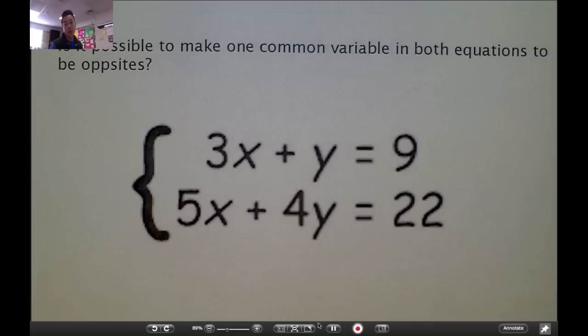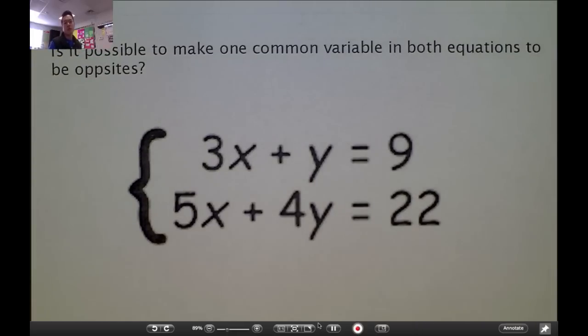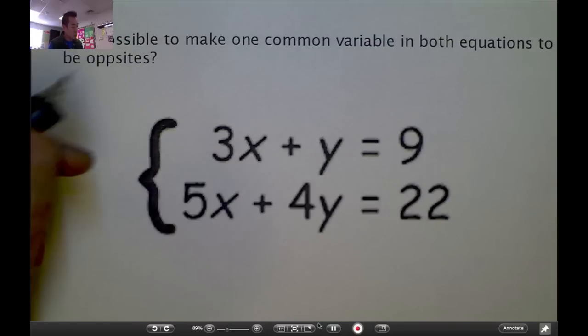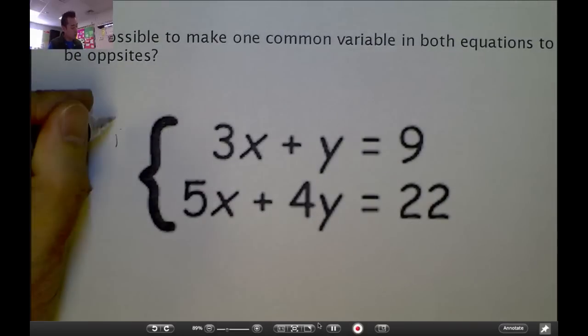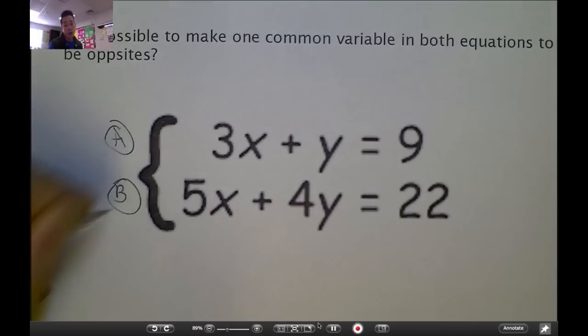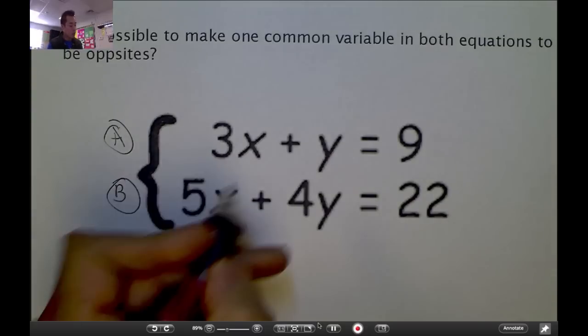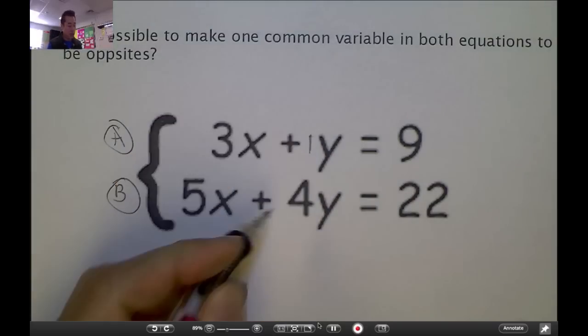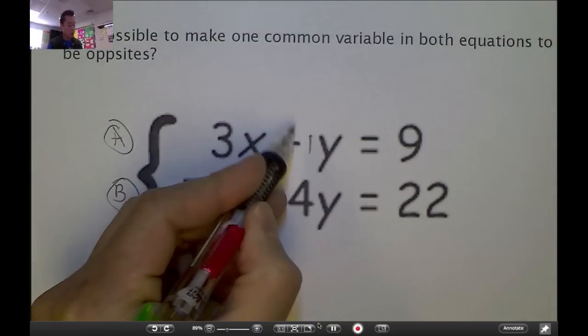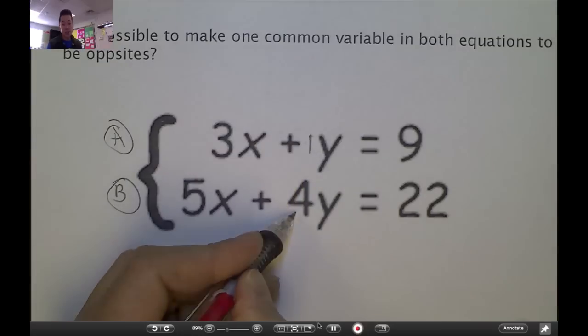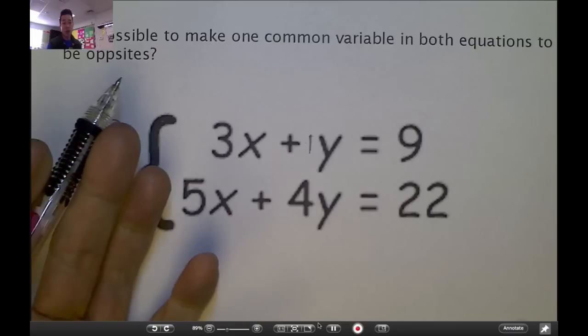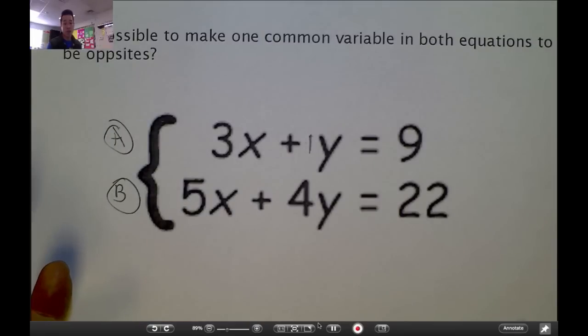But we previously talked about equations being very similar to rational numbers, where you can have multiples of each other. Well, the same here. Strategy would be, if this is equation A and this is equation B, the first thing you want to do is find a set of x or y that is easy to eliminate. Here I have a coefficient of 1 and positive 4. Well, wouldn't it be cool if this was negative 4 and this was positive 4? And then I can just eliminate the y's and then have x by itself and then solve for x.